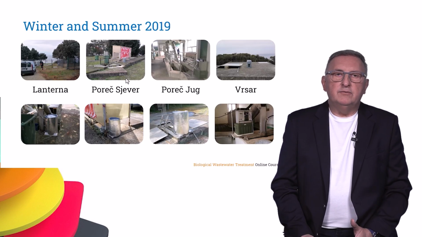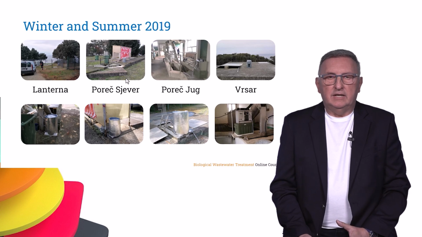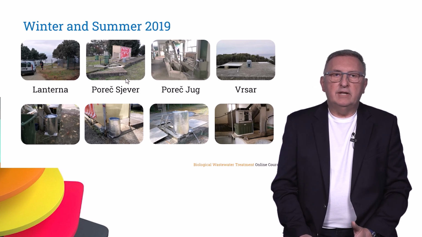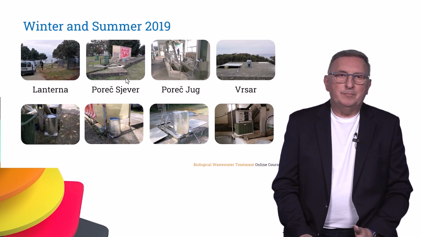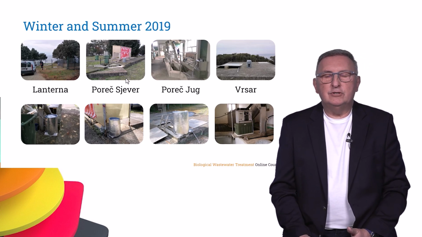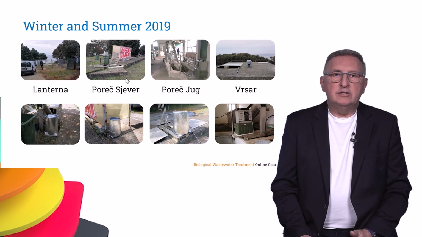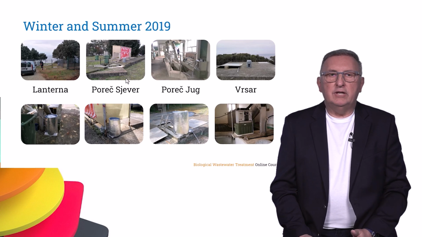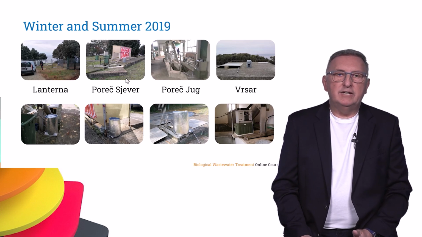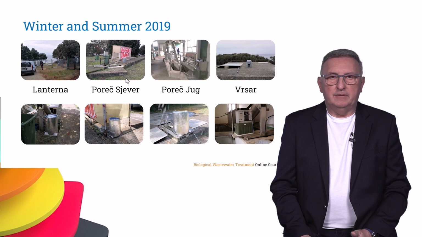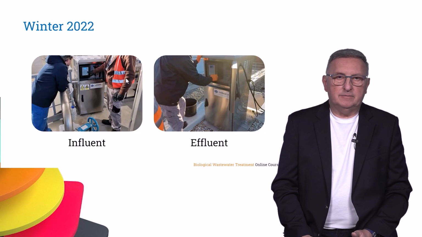So to start with the winter and the summer sampling campaigns in 2019, at 4 locations at the present discharges of the wastewater into the sea via seawater outfalls, we installed automatic samplers and collected samples during the 7 days, 24 hours per day, in composite samples.